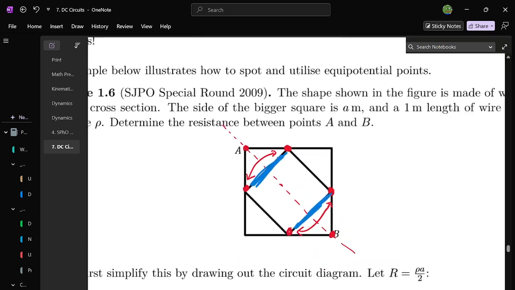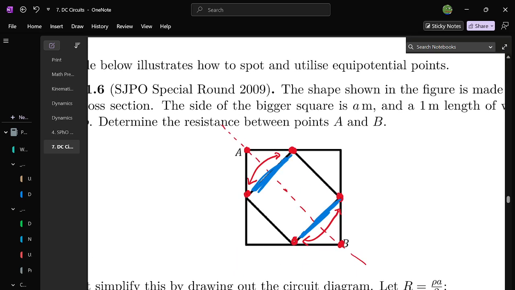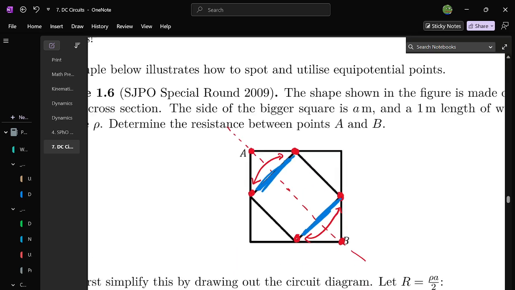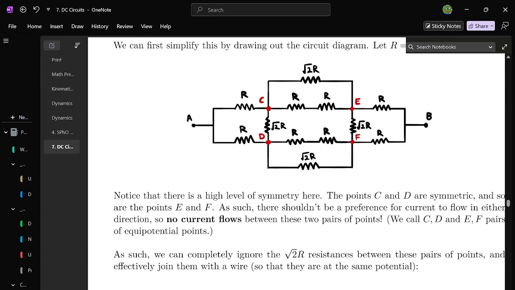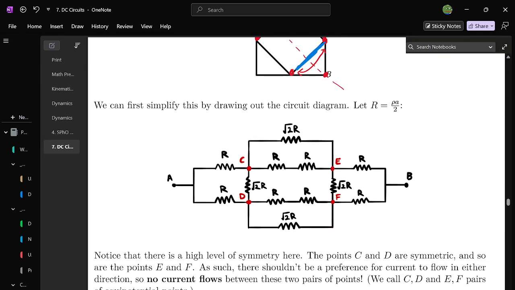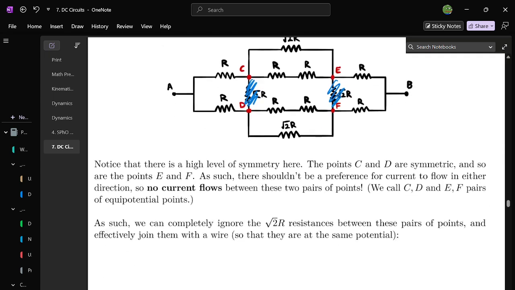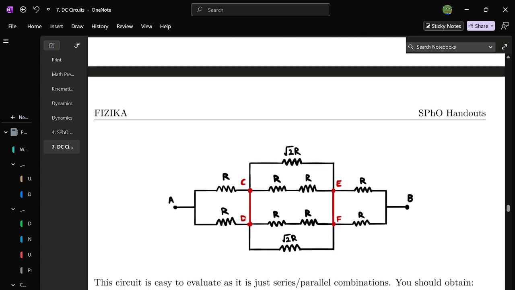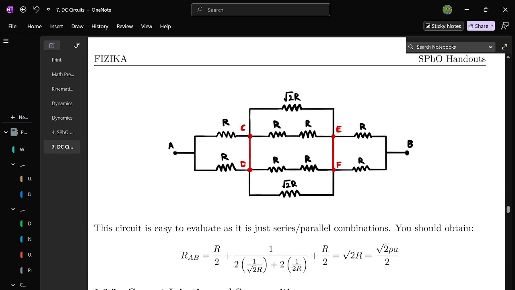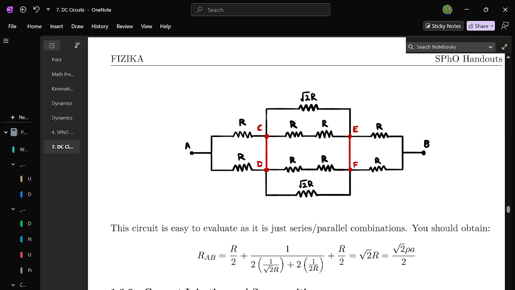And so what you have done here is you have basically killed off these points. If you redraw the circuit diagram, you can see that the circuit diagram is like that. What I've done earlier is I've killed off these points here, because we asserted that no current flows. Because no current flows, you can do anything you want with these 2 points, and I've connected them with a wire.